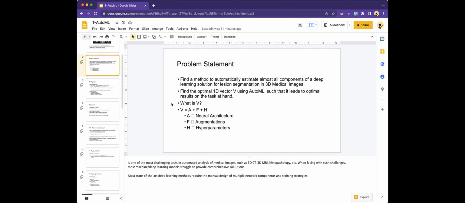Another is that when you search these architectures, you can add multiple constraints if you want, especially for medical imaging. Once we have the final searched architecture, you want to train it, deploy it, and do inference.